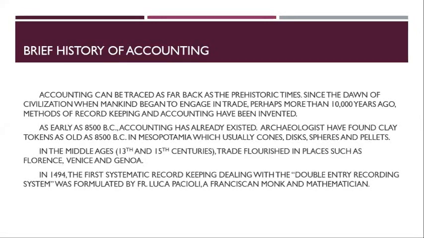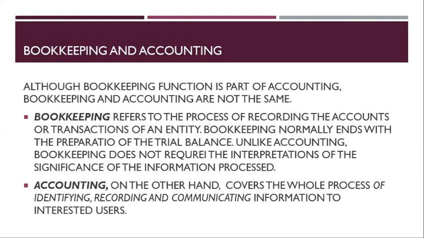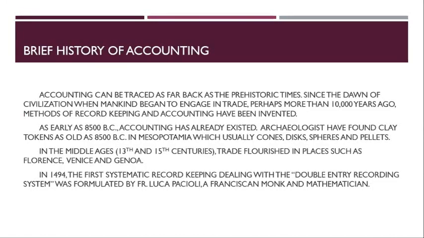So again, let us go back to the definition of accounting. Accounting is the process of identifying, recording, and communicating the final product or the financial information that is useful in making economic decisions. So what are the essential elements of the definition of accounting?